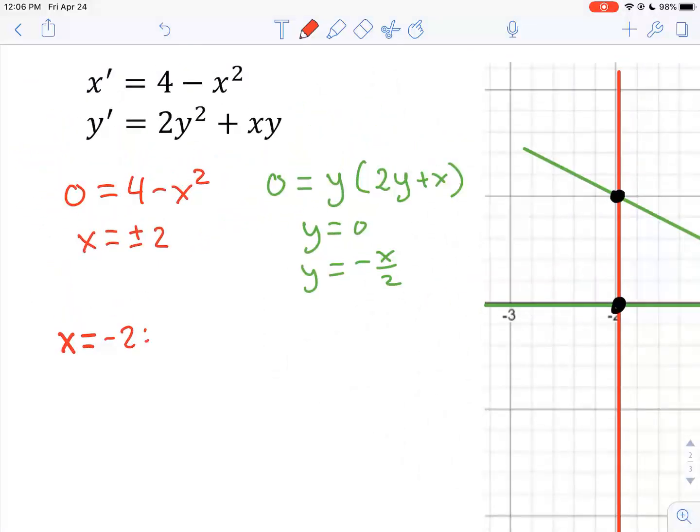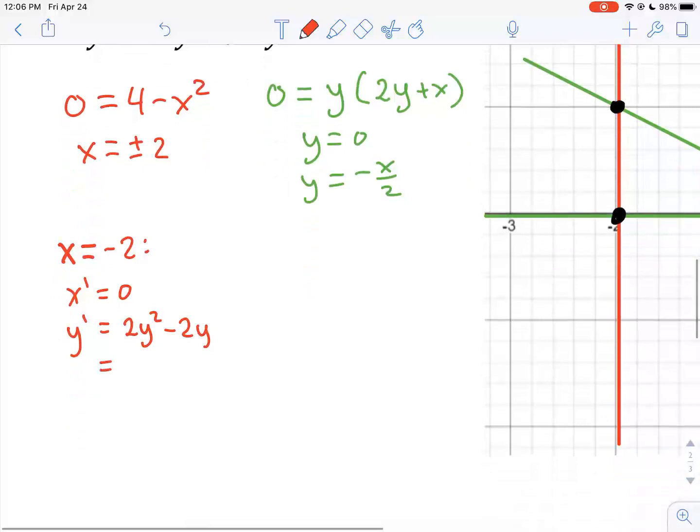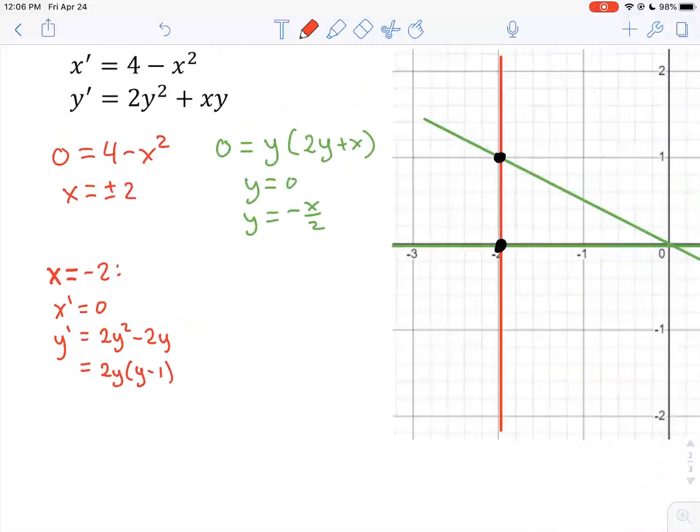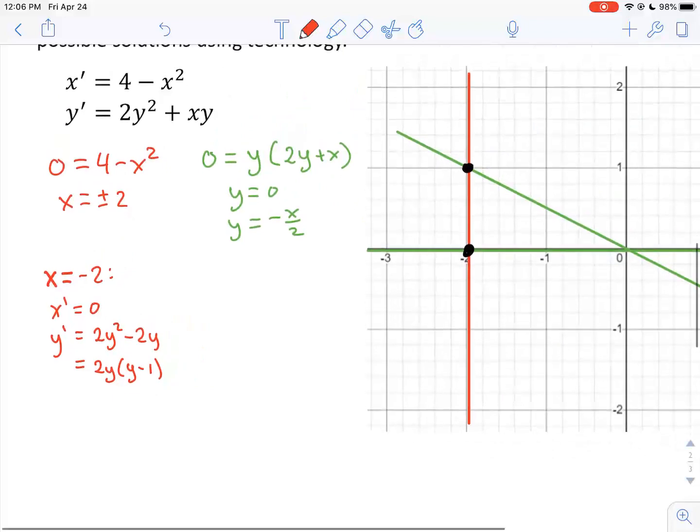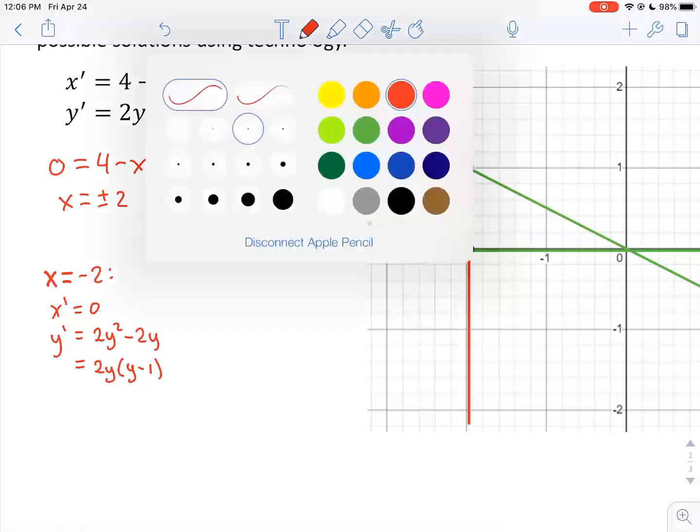When x equals negative 2, we get x prime is equal to 0, but y prime is equal to 2y squared minus 2y, which factors. We can factor out a 2y, leaving y minus 1. This is important to factor because we're going to see that at different points along this vertical line, y prime has different signs.